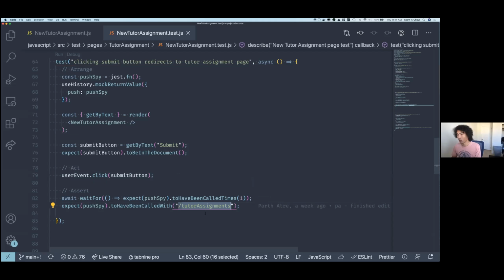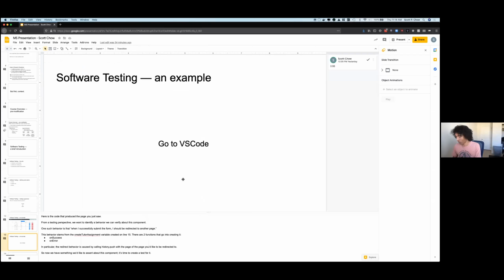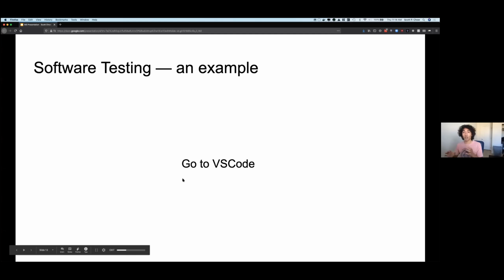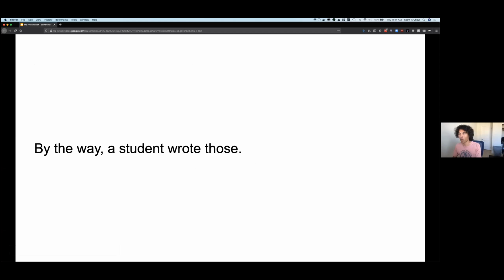So now with that example out of the way, we can get back to the presentation, but hopefully that helps square things a little bit. These are the types of tests we were writing during this course. And worth noting, a student wrote both the implementation that you saw and the test that you just saw.